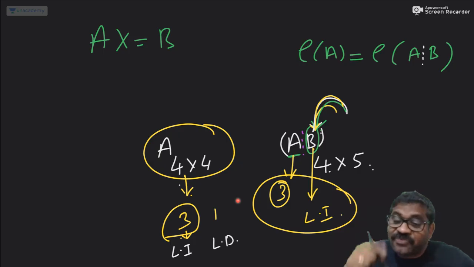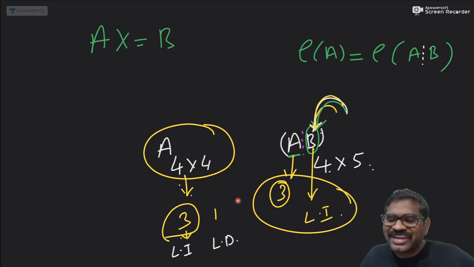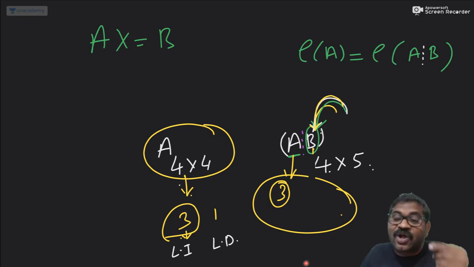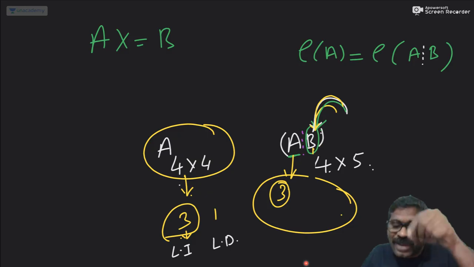If the rank of A and the rank of AB are different, then can we get the solution? No, not at all. Okay, catch my point. So if you want to get the solution, compulsorily the rank of A and the rank of AB must be equal.